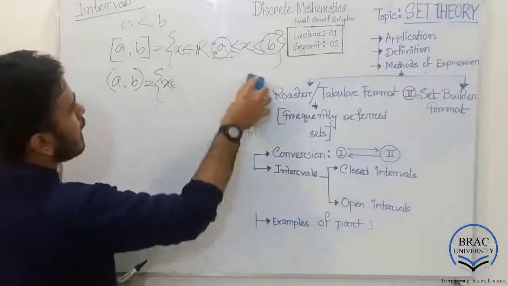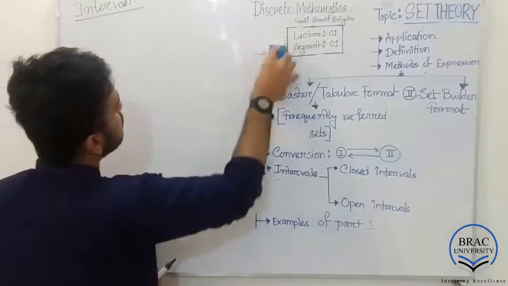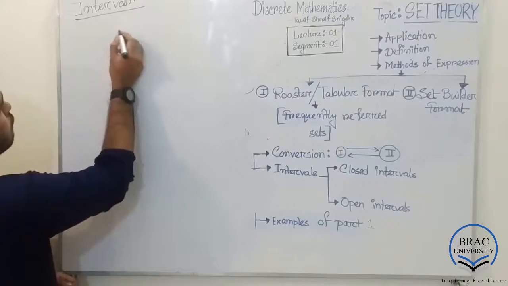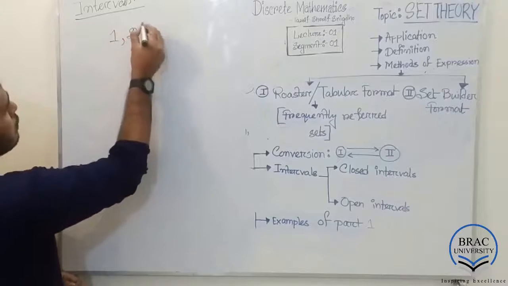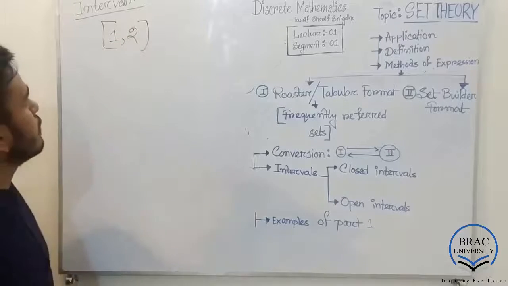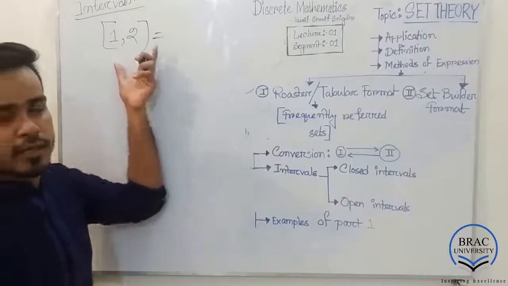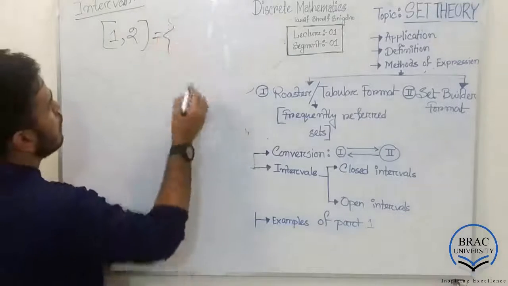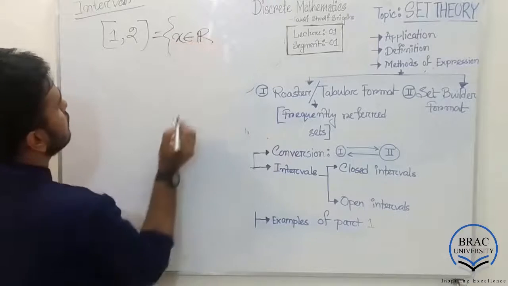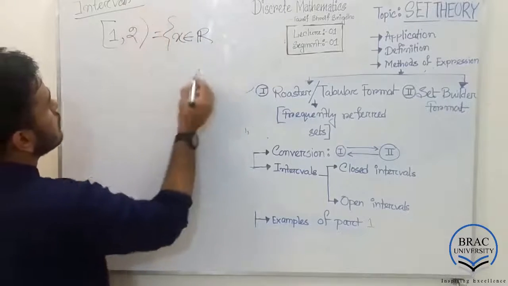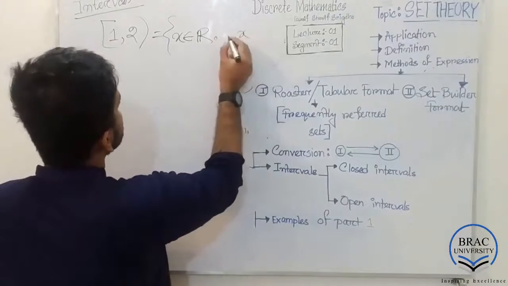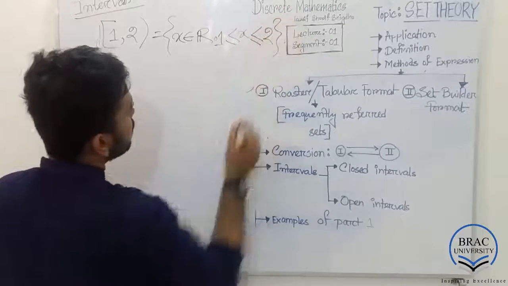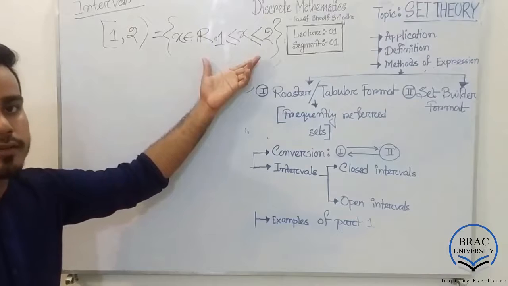Now we will see another example where we can figure out if this set can be expressed in set builder method by us. X belongs to R such that x is greater or equal to 1, less or equal to 2. Let's check if it is correct.